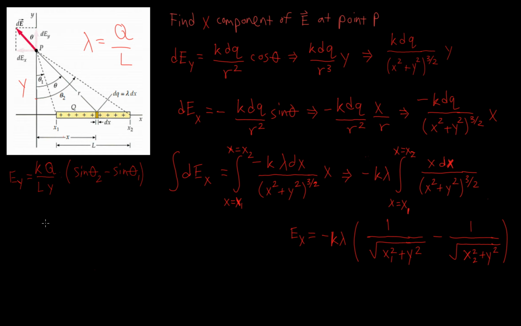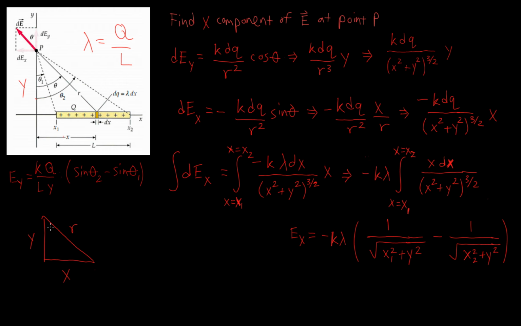So if we draw out a triangle that goes from point P to the small segment dx, we know that this side right here is just y, and this side right here is just x. And this side, the hypotenuse, is r.